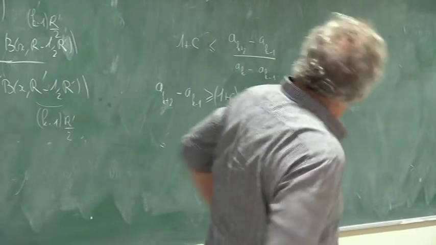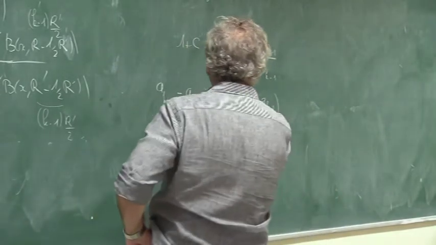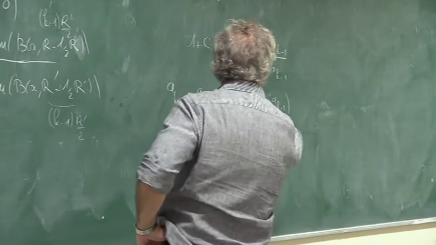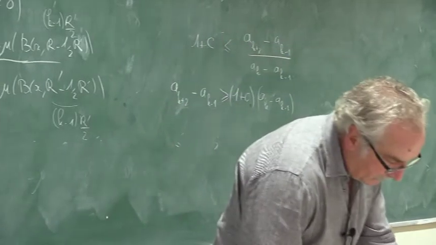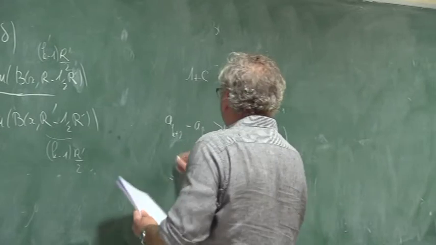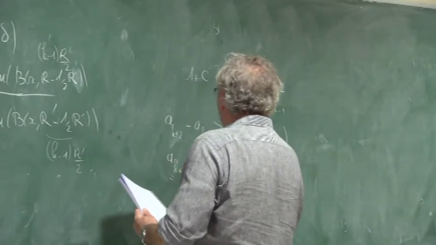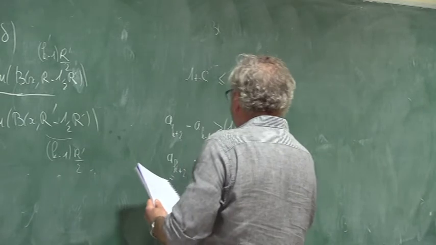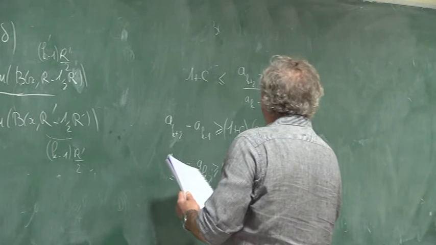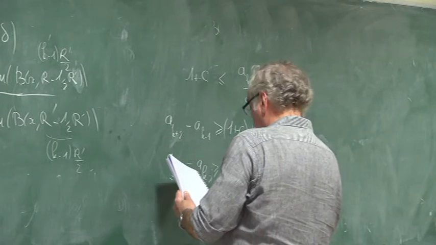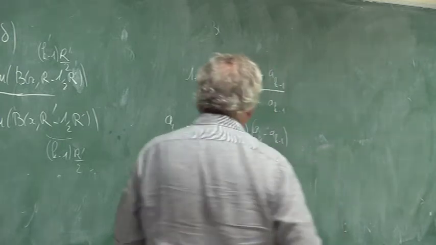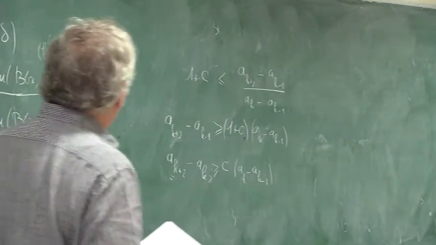And so I can get rid of this one here. If I want to get rid of A_{K-1}, I just expand: A_{K+2} minus A_K is greater than C times A_K minus A_{K-1}.